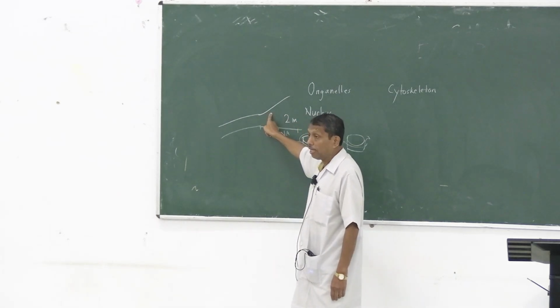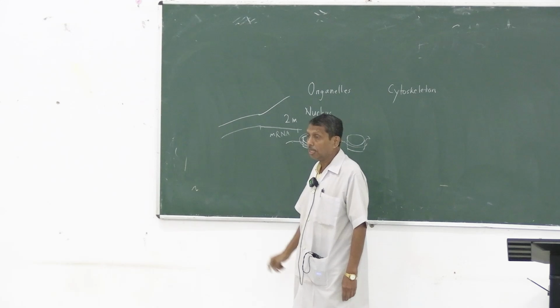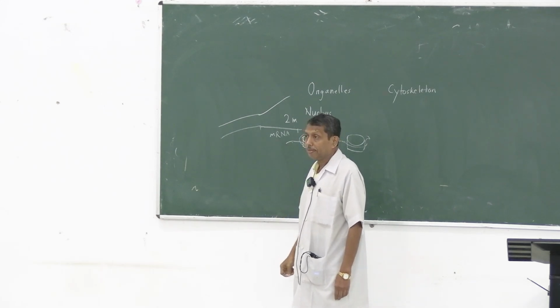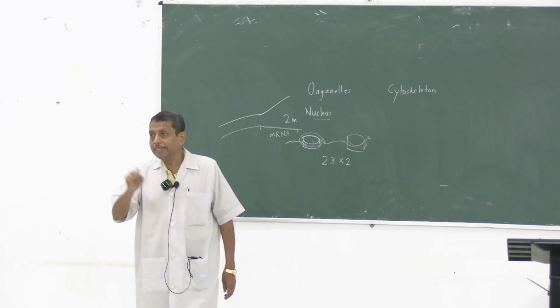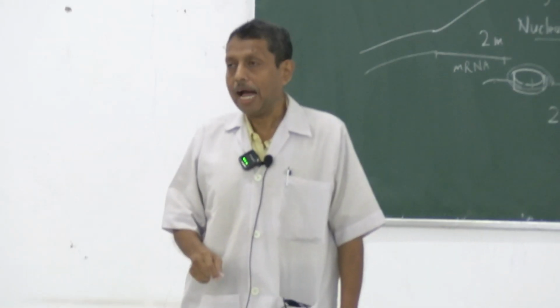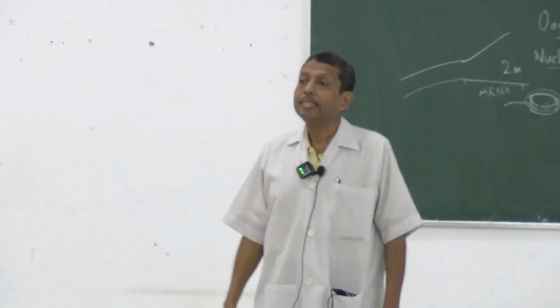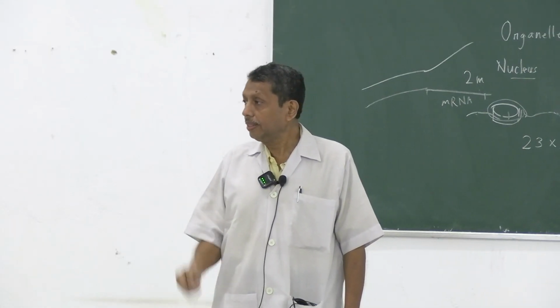It is the coding strand, the template strand, from which the mRNA is produced. It is single-stranded, and protein synthesis occurs within the cytosol, and this mRNA binds with the ribosomes.